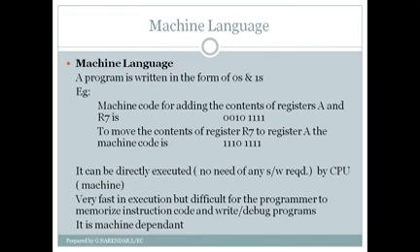One more thing that we need to discuss about machine language is, when we write instructions in machine language, it is machine dependent. That means if we write an instruction to add two numbers, say for example one is present in register A and another is present in R7, we cannot ask the other machine to execute the same instruction.